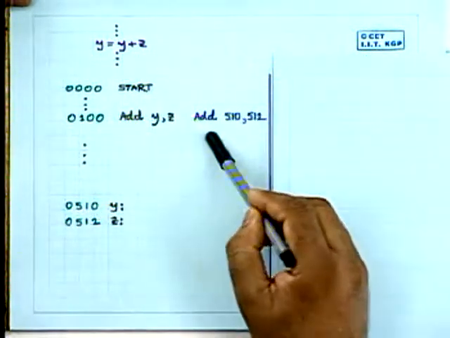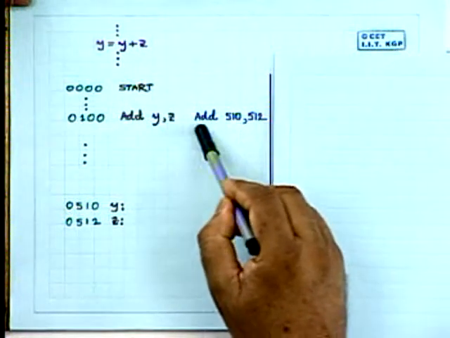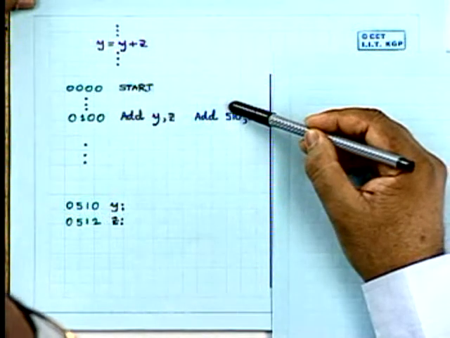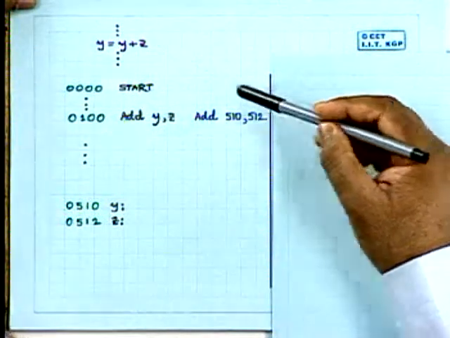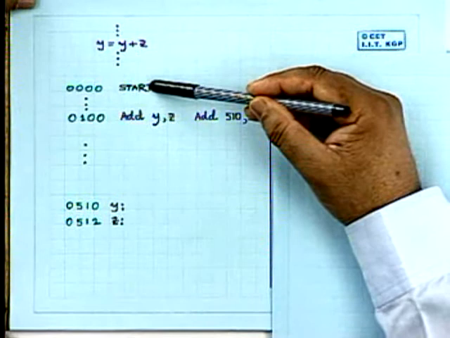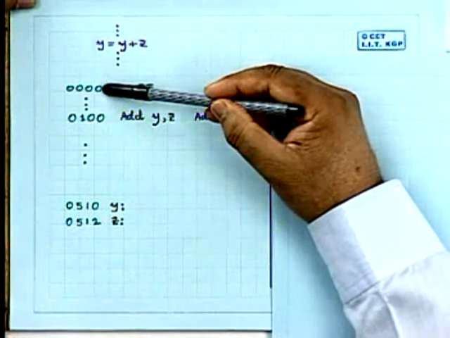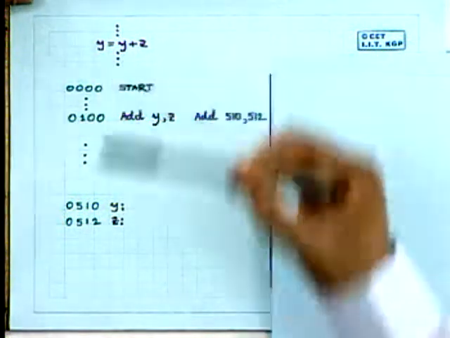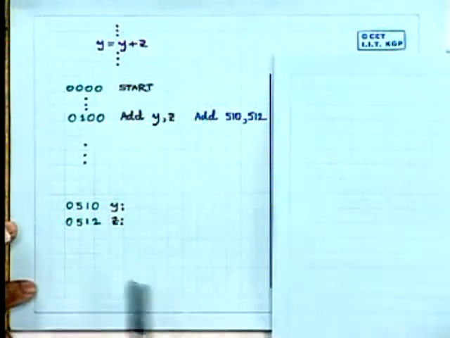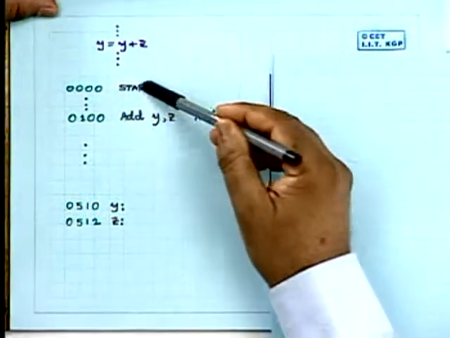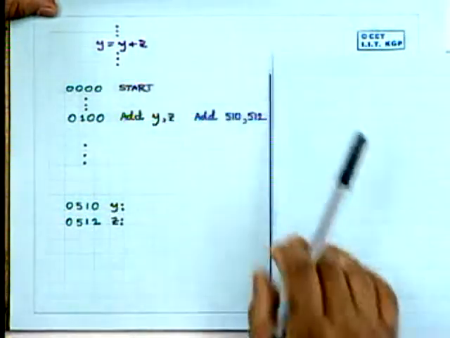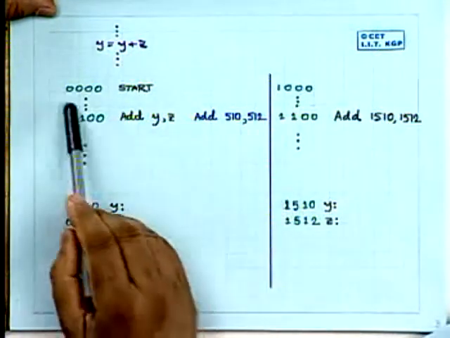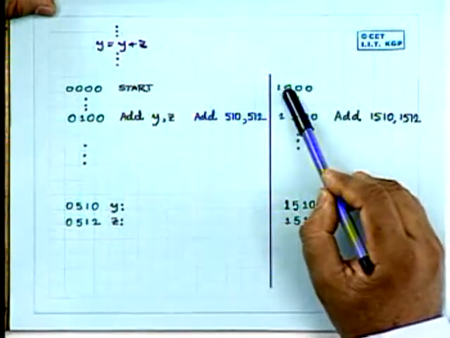This will be the translated version as done by the translator using two relocatable addresses 510 and 512 from the beginning of this program, which is assumed to be always 0000. Now, say while executing this program, the memory location that is available is not from 0000, but from say 1000.